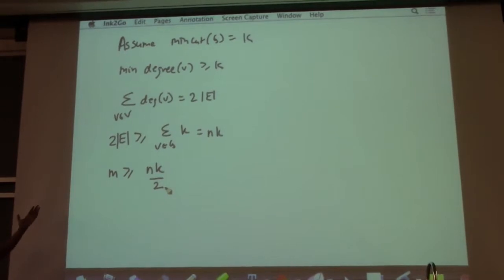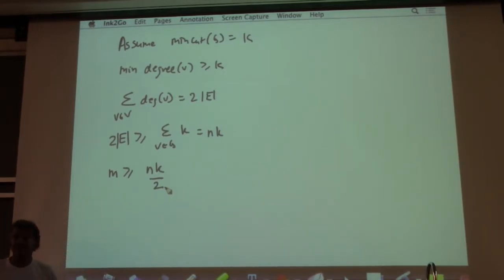So saying the number of edges is large compared to the size of the cut is in some sense a good thing. Because now if I pick an edge with equal probability, what is the probability that I'm going to pick an edge of the cut? The number of edges is at least n times k over 2.